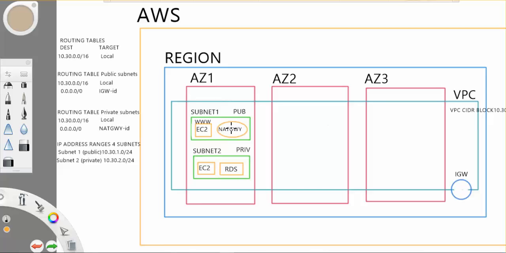That's the nice thing about elastic IP addresses. They are public IP addresses, but the value doesn't change, and that's why we need them.